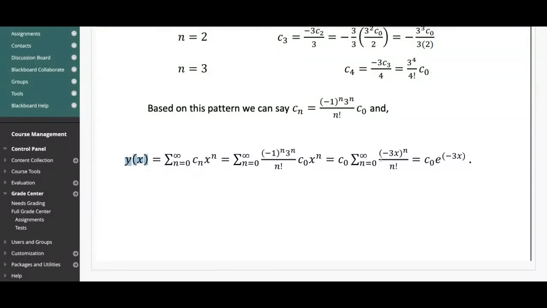You can substitute in. Then the nth term is this one. Substitute in the series. So negative 3x, because then we have this x raised to n here. We get negative 3x raised to n divided by n factorial.